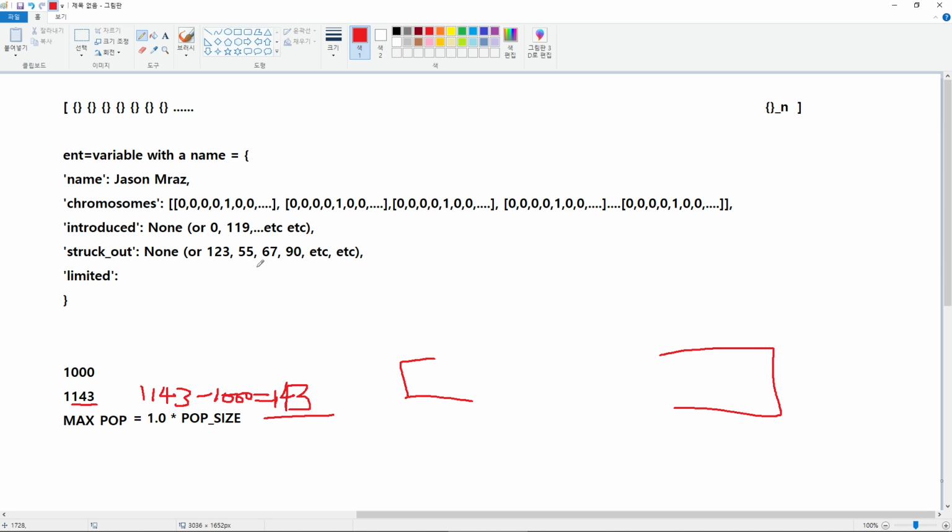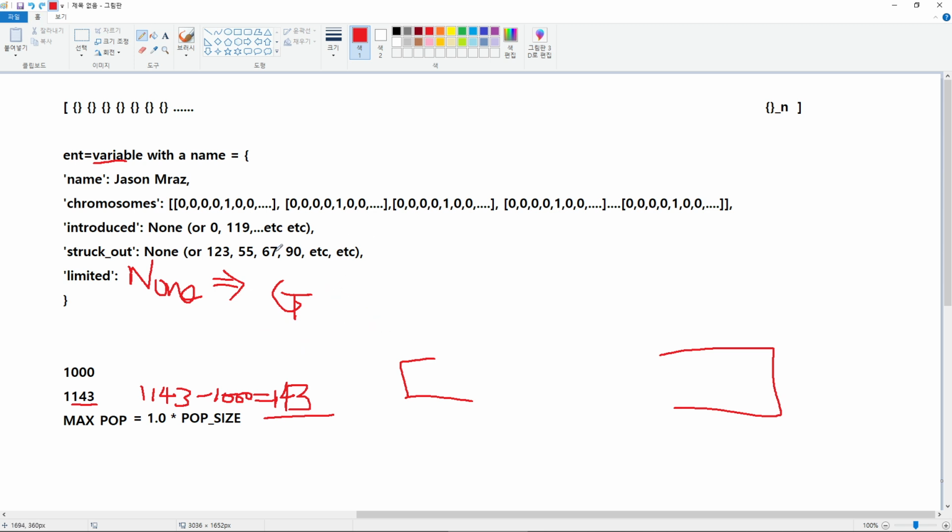That is a list of entities, or list of variables which are entities. And when this happens, the entities, which are dictionaries, will have the limited value, which starts as none, changed to the generation it happens in.